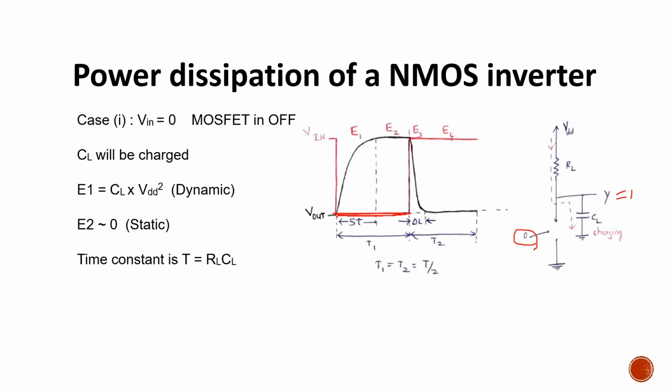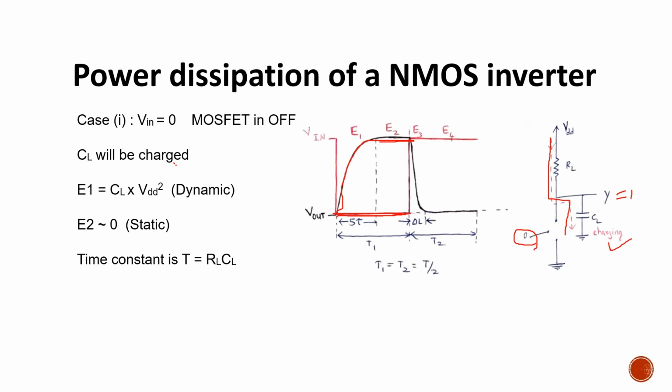Because even though the device is off, there is a current flow through the capacitor in this way. So the capacitor is charging now. As the output rises, it takes some time. I told you it takes 5 tau time constants to reach logic 1 in this way, guys. So now the output is going from logic 0 to logic 1.